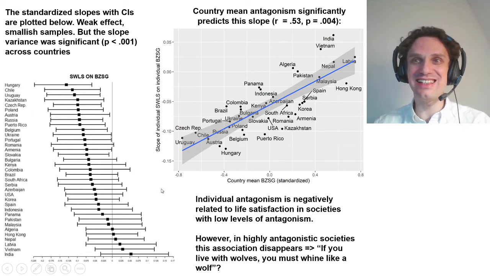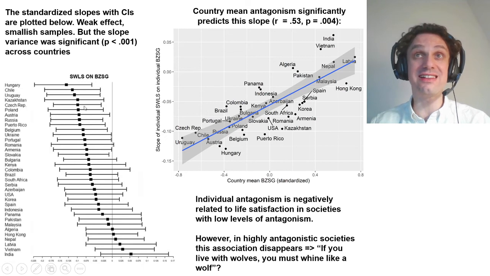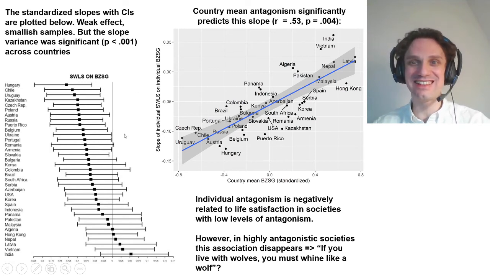And here you can see just a little summary of those results, a graph that we had in the paper, which I managed to produce at the time, and a nicer graph that I just did today. So this graph shows basically estimates of this slope across countries. The vertical line is 0, and the slope is standardized.